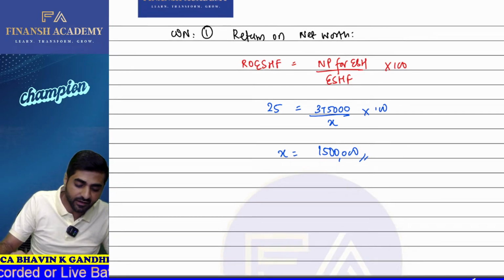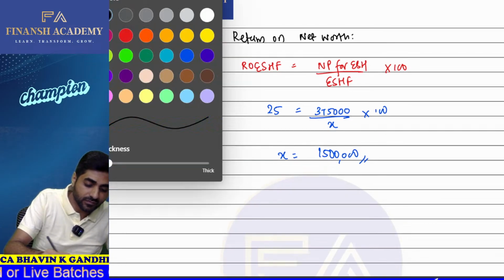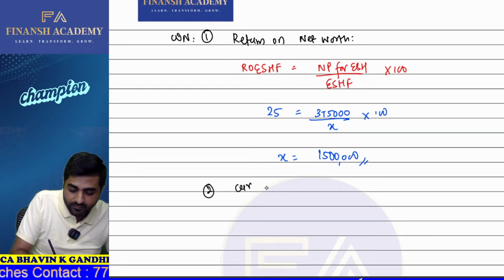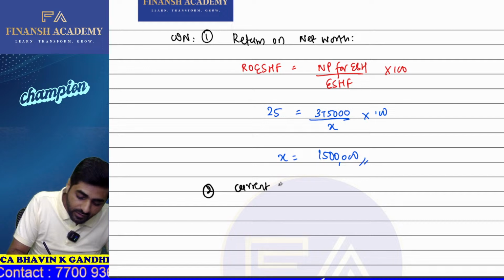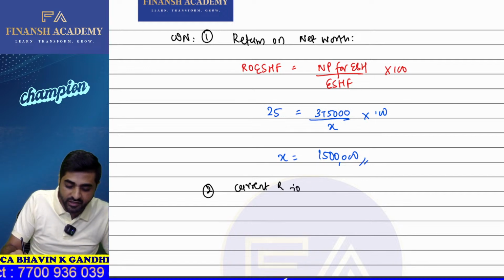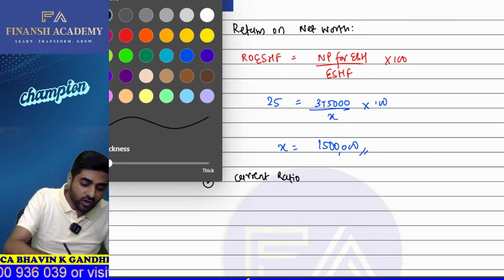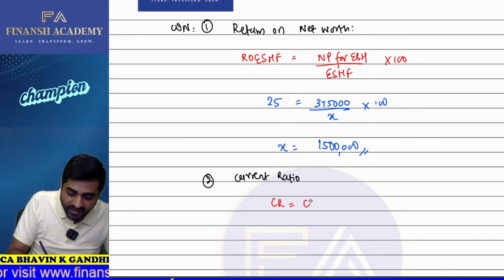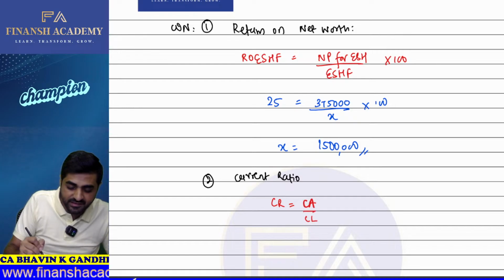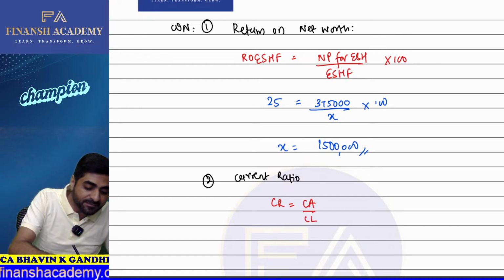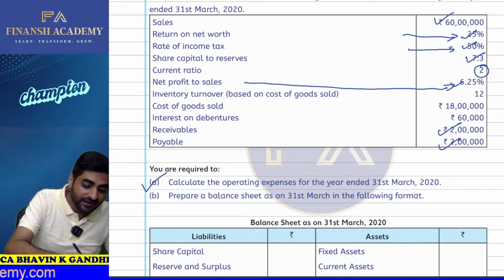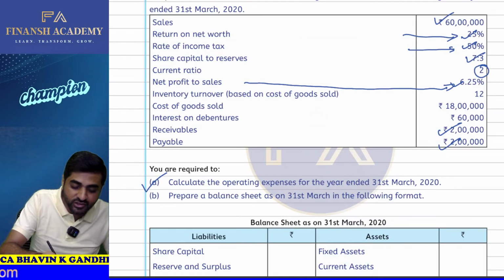You can give the heading current ratio. Now, what is going to be your current ratio formula? As you all are aware, your current ratio is nothing but current assets upon current liabilities. And how much is this particular ratio? Guys, they have given to you 2:1.